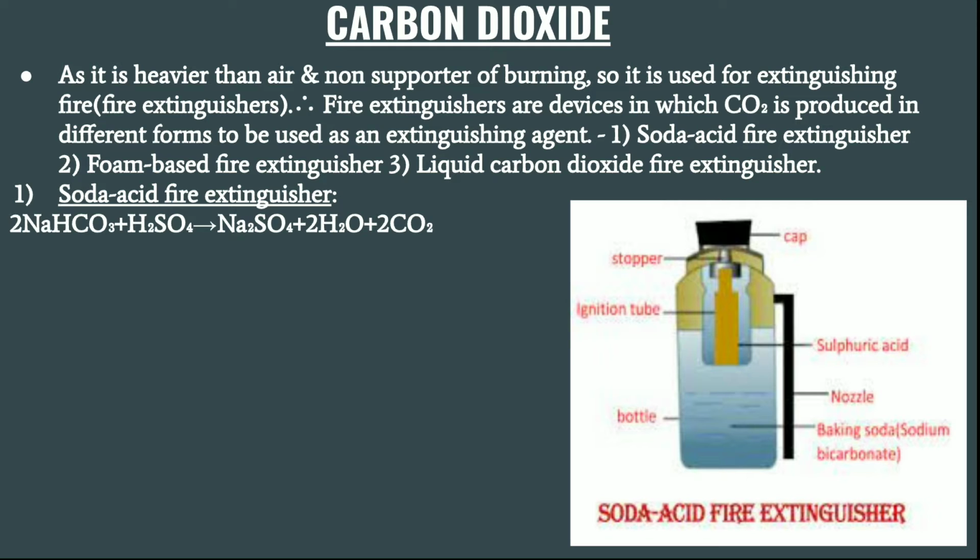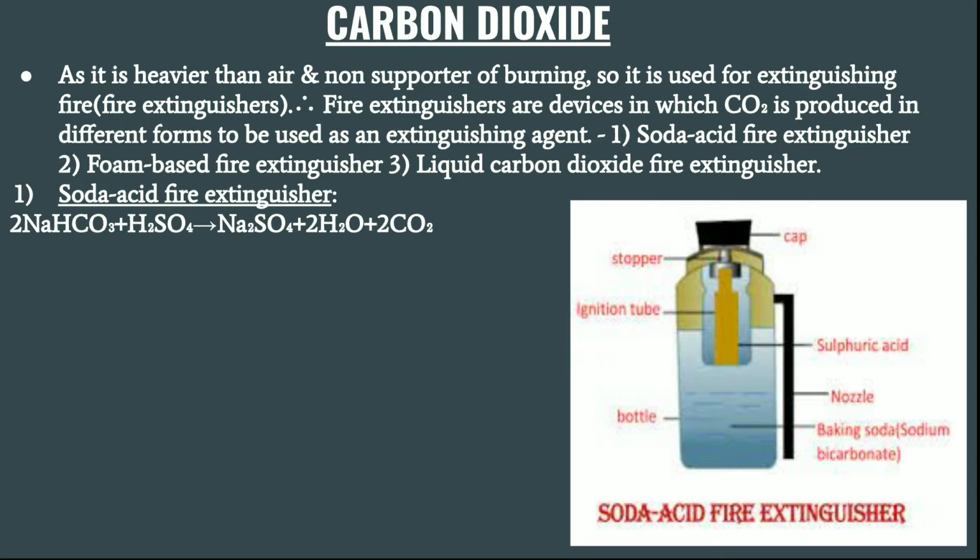So how is it done? When there is fire, the bottle is hit hard at the cap. The sulfuric acid bottle will break, and the sulfuric acid will come out and mix with baking soda to produce sodium sulfate, water, and carbon dioxide.